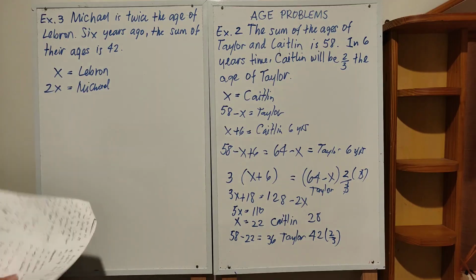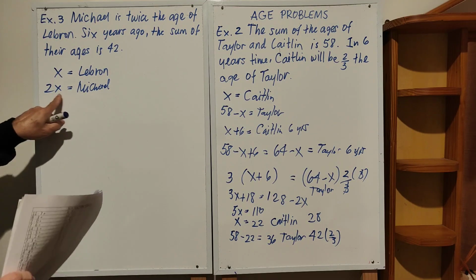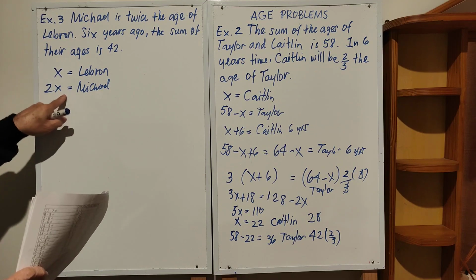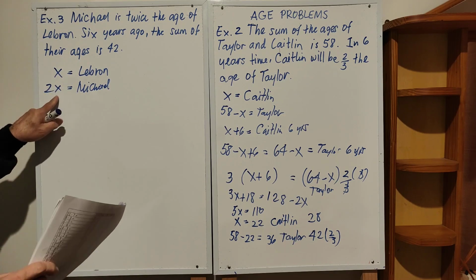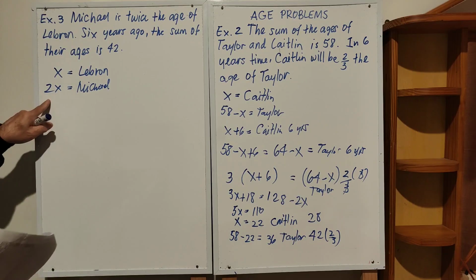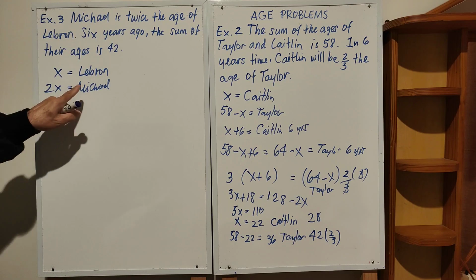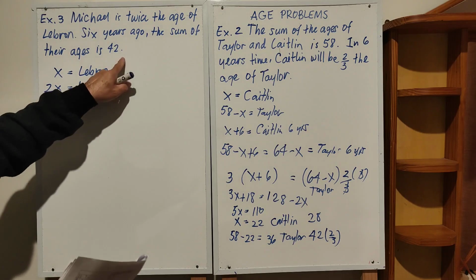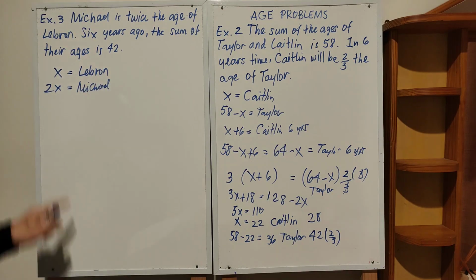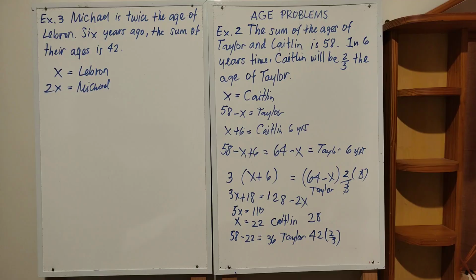Actually, we can also assign Michael as x, and then LeBron would be x over 2. But I don't want fractions; I prefer factors. It's better this way, easier.